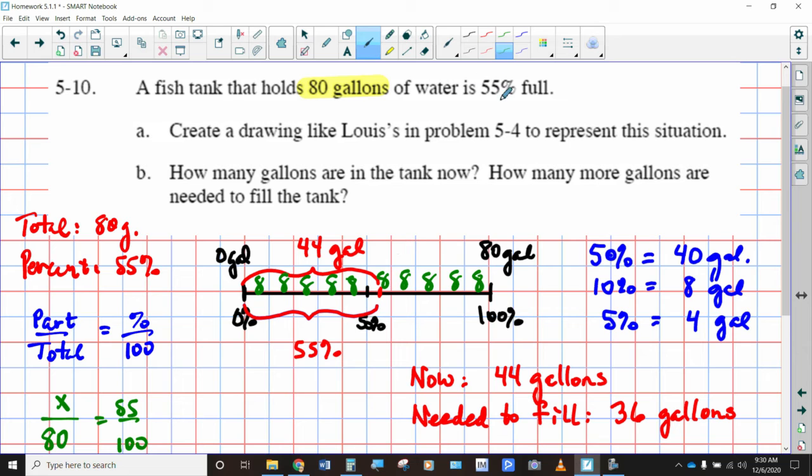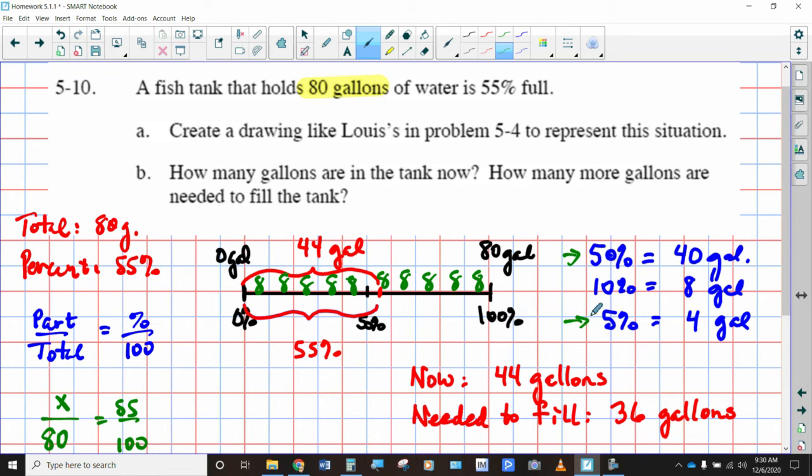So if you're going to do 55%, then you can break that up into 50%, which would be 40. And if 50% is 40, then 10% has to be 1/5 of that, which would be 8. And then 5% would be half of 10%, which would be 4.